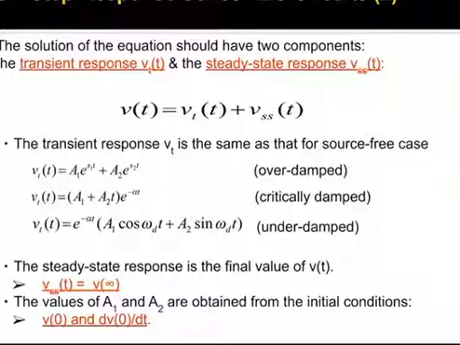Remember that for the final value, if you have any switch, you should look at the circuit as t greater than 0. Look at the switch and look at the voltage connected to the RLC component. Right? And the values of A1 and A2 are obtained from the initial conditions, using your initial conditions v(0) and dv(0)/dt.